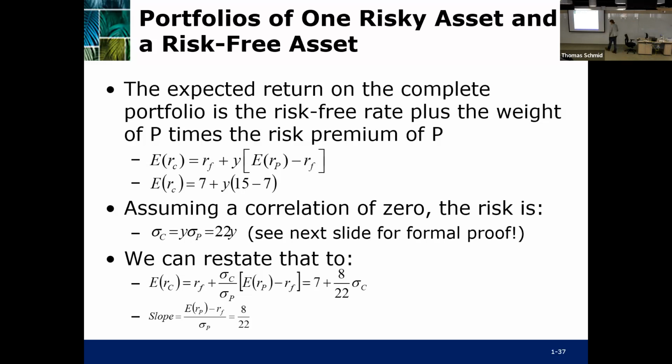So the question that we talked about at the very end of the last lecture was how we should invest or how we should choose an optimal portfolio in a world that is greatly simplified. In this greatly simplified world, we only had 2 assets.